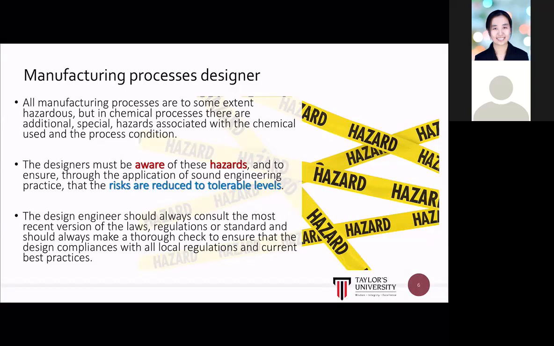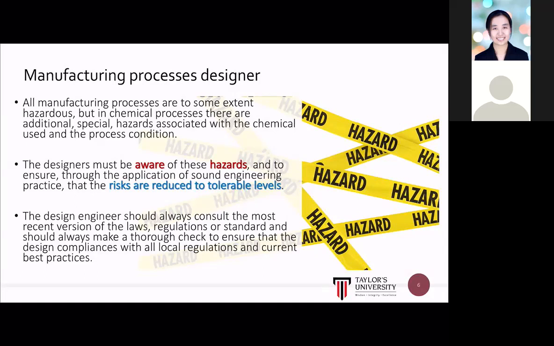So as a process designer, where you design a plant, somehow we are going to be involved in some hazardous situations. When you design a reactor, we can't say, oh, the reaction needs to take place at 400 degrees Celsius, but I don't want to design it at 400 degrees Celsius.